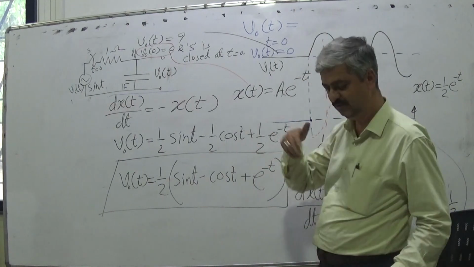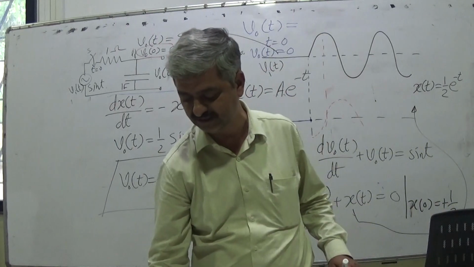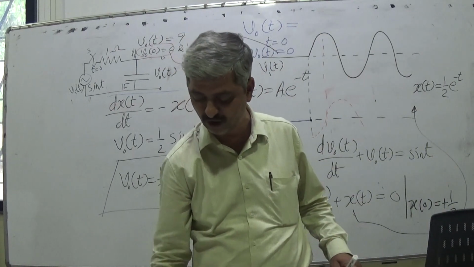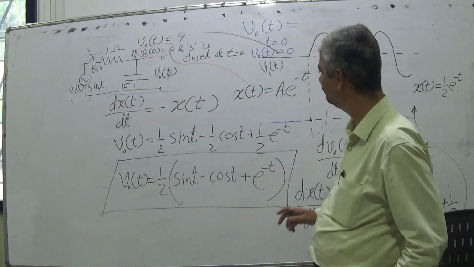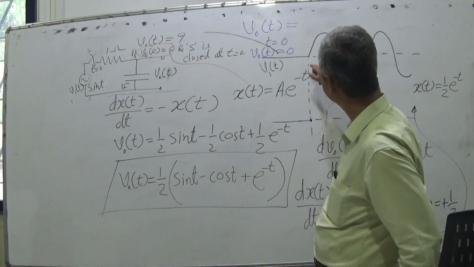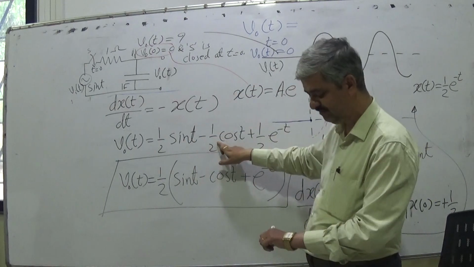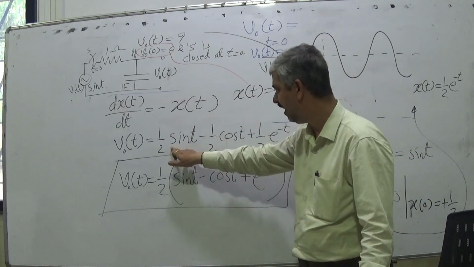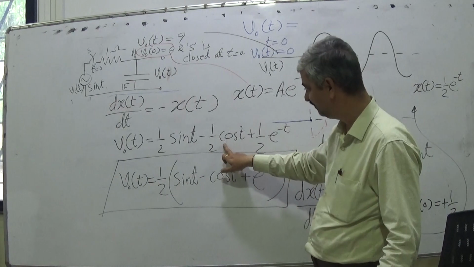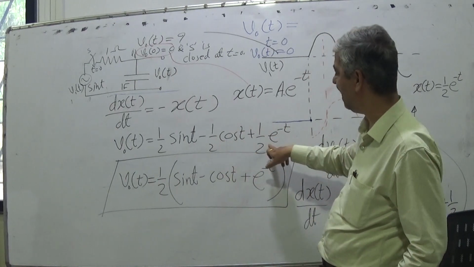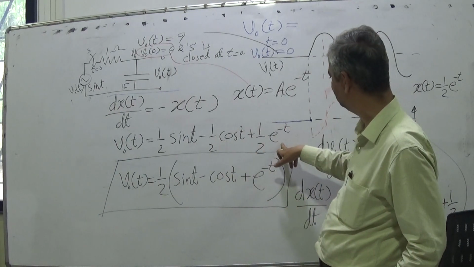Those who are expert in mathematical tools like Python, MATLAB, should plot half sin t minus half cos t, and add half e raised to minus t.